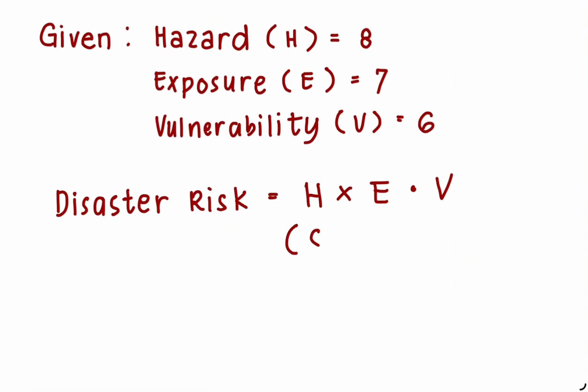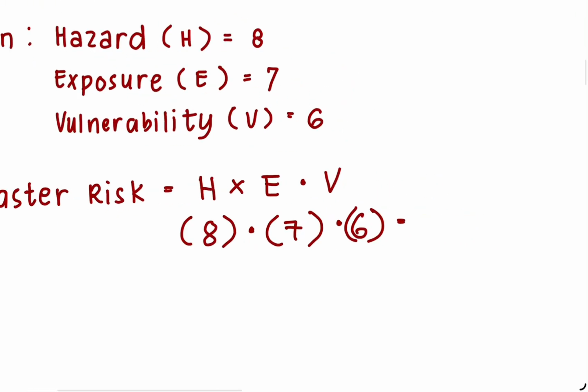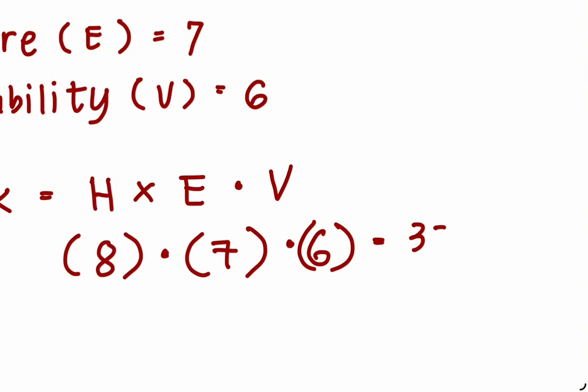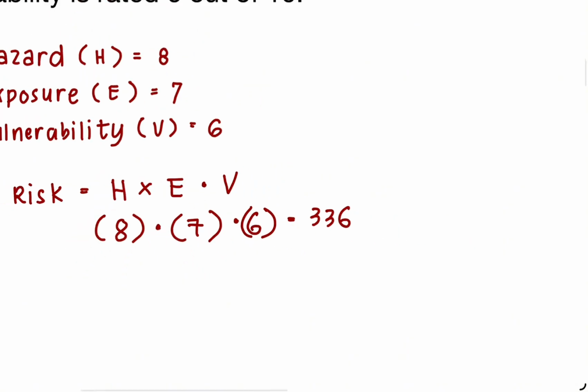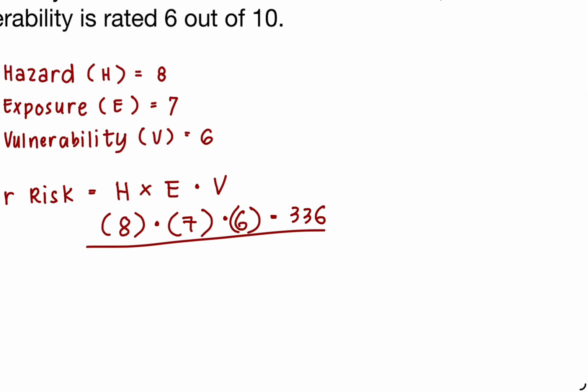So we have 8 times 7 times 6 equals 336. That is the disaster risk of Carlo.